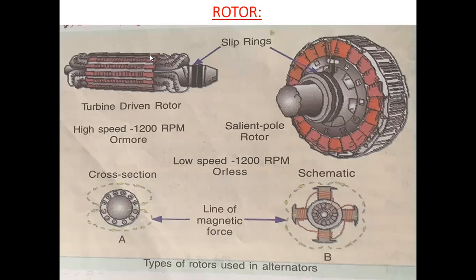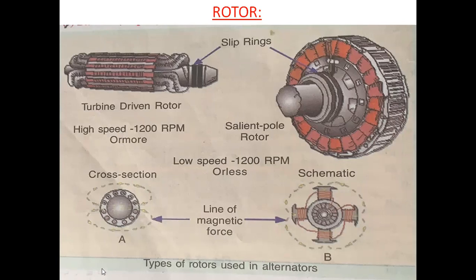For this type of rotor, 2 or 4 regions corresponding to the central poles are left unslotted. I will show you in the next figure.